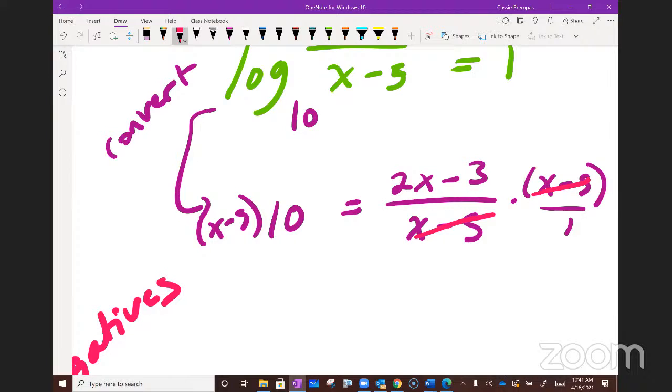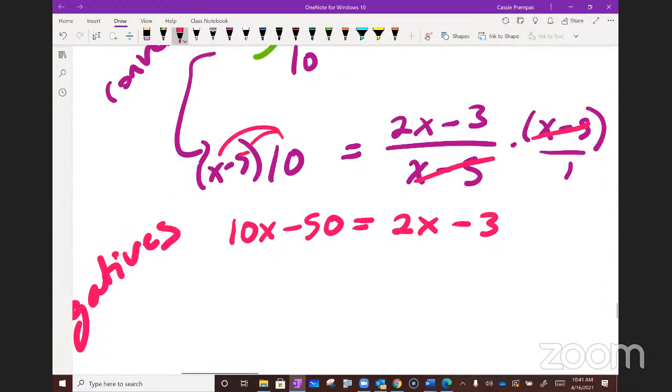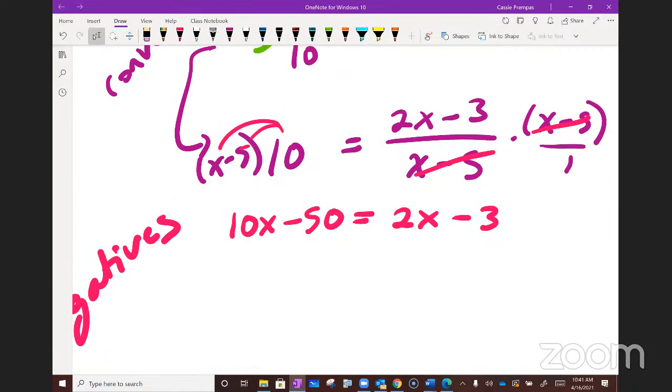What property would I use with the 10? Distribute, love it. So I have 10x minus 50 equals 2x minus 3. Oh, that equation feels so much better. What are we going to do to solve now? Just get your like terms together. Get x by itself.